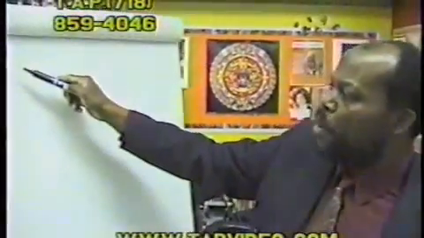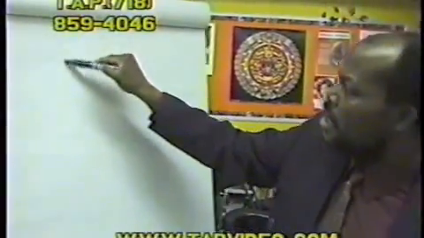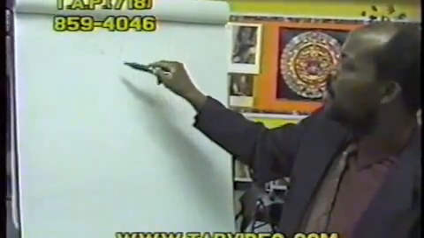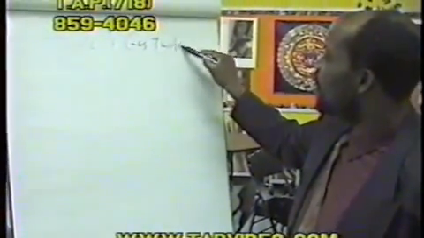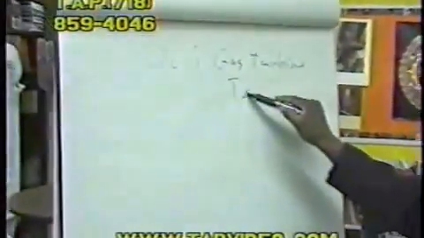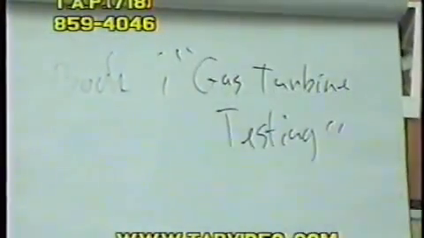I did, in a book called, it's a published book, the gas turbine testing, by myself. I basically studied the principles of rocketry and how math plays a role in that, okay?